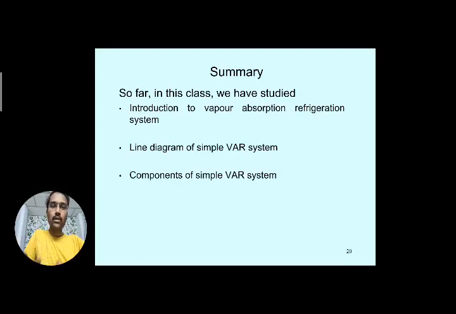The components are very important, and the working principle is already seen. What is the working principle? By using two substances, it is also named a two substance refrigeration system. The working principle of the VAR system is seen.